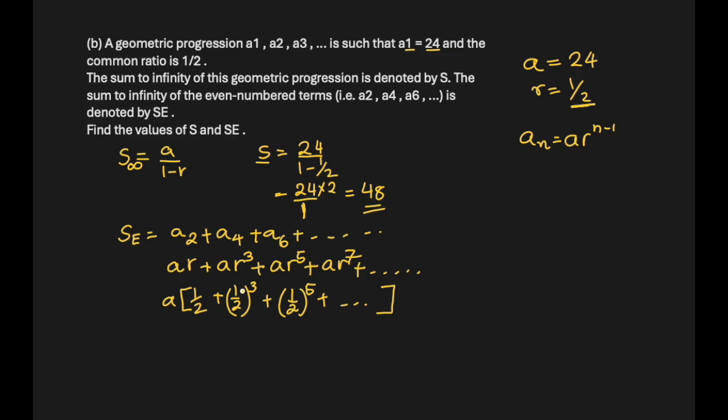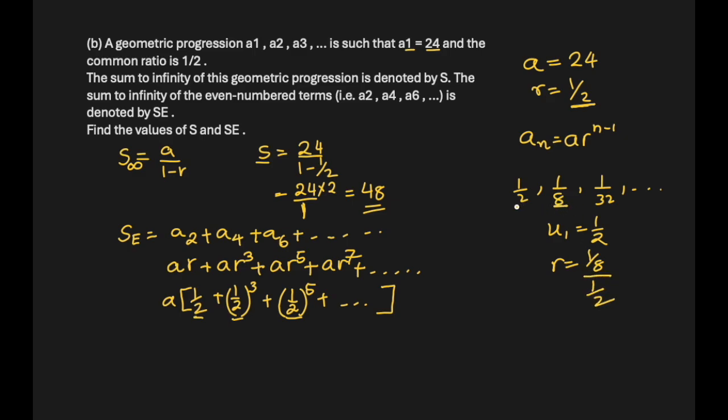Okay, now if you notice, this itself becomes a new geometric progression, a sum of a geometric progression. So in this case, if I look at half, 1 over, shall I write 8? Okay, let's write 8, and 1 over 32 and so on. This becomes a GP where U1 is half, and the common ratio will be 1 over 8 divided by 1 over 2.